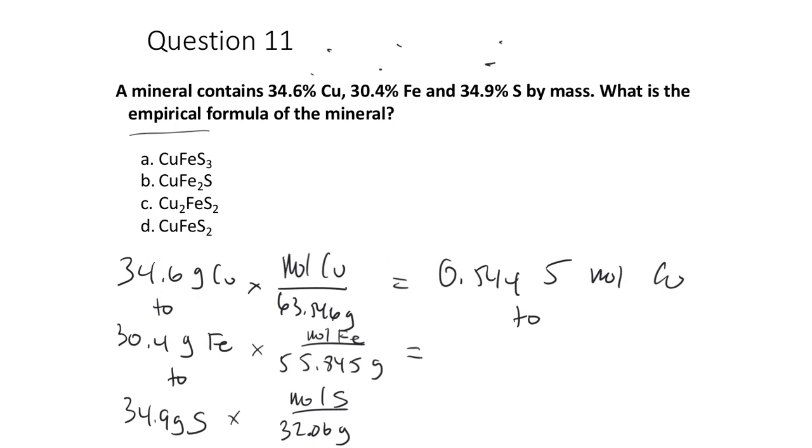I think technically it was 55.845. 30.4 divided by 55.845 works out to about the same number. In ratio then to 34.9 divided by 32.06, which is 1.089.